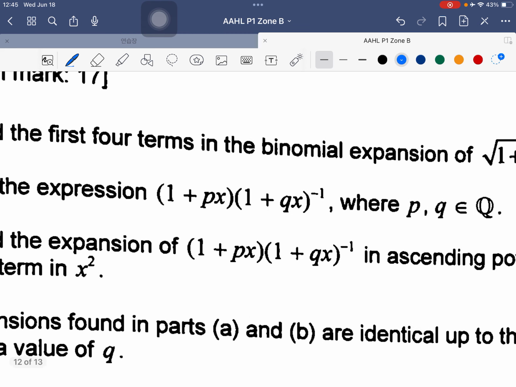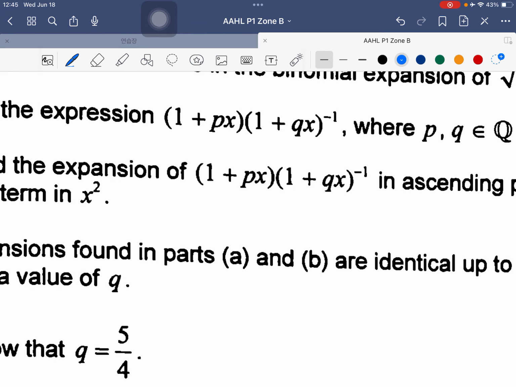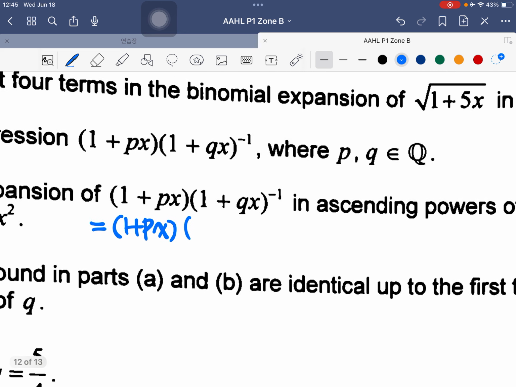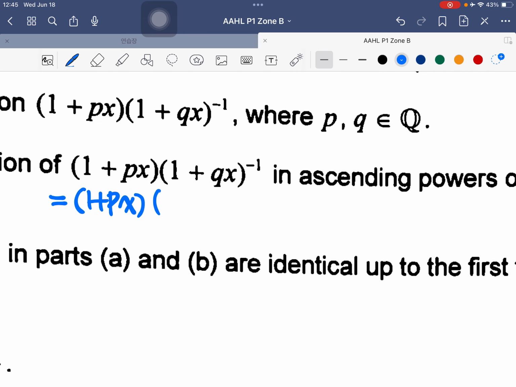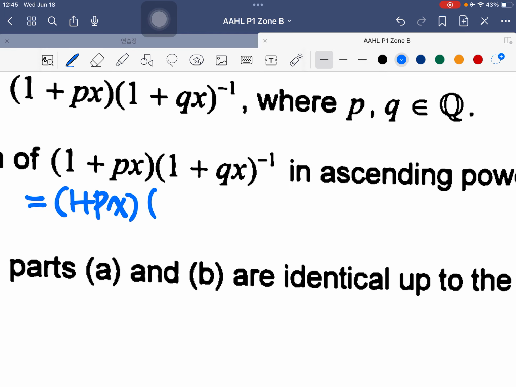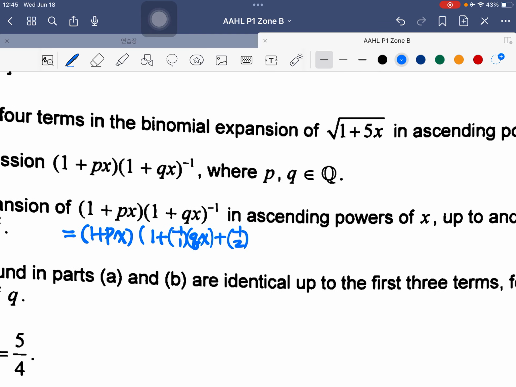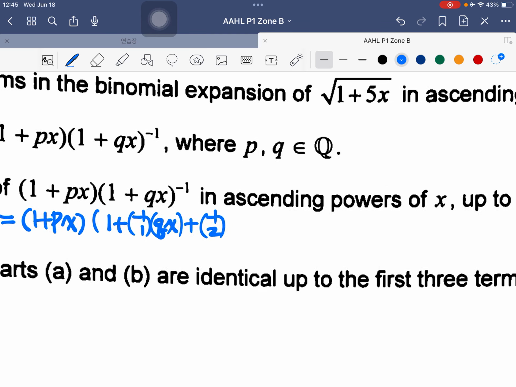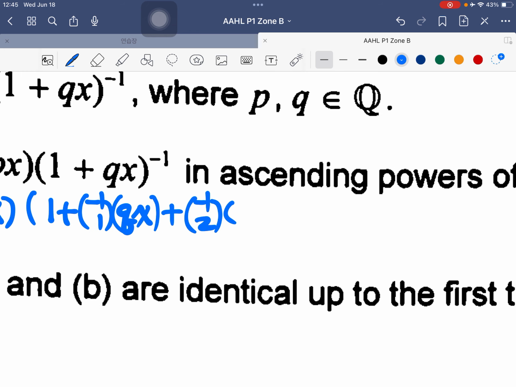So this expression equals 1 plus px, and then (1 plus qx) to the negative 1 power is 1 plus negative 1 combination 1 q of x, plus negative 1 combination 2 q of x squared.